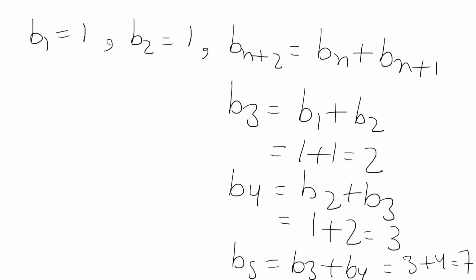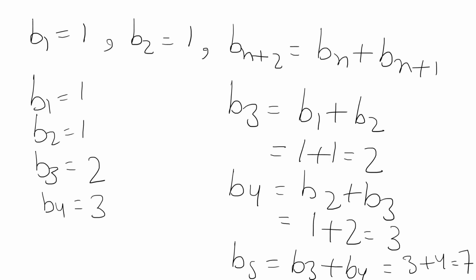B increases as n increases. b1 is equal to 1, b2 is equal to 1, b3 is equal to 2, b4 is equal to 3, b5 is equal to 5. B increases as n increases.